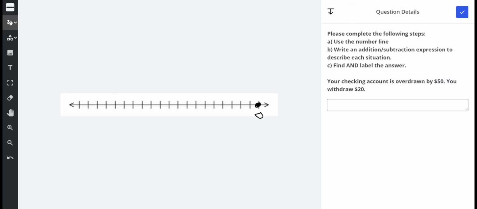So if we're at 0, and we go back 1, 2, 3, I'm sorry, I'm going to go by tens. So my apologies. Let me go back in here and label. Okay, so if we start with $0 and then we are overdrawn by 50, that means we're going back 5.